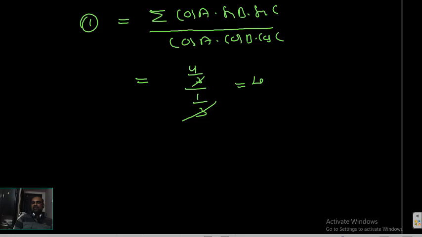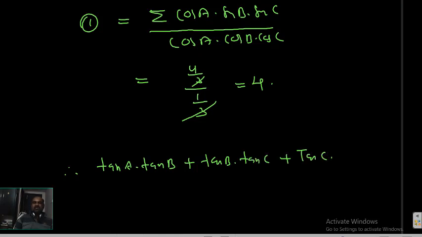What will we get? 4. Therefore tan A into tan B plus tan B into tan C plus tan C into tan A in a triangle with the condition that cos A cos B cos C is 1 by 3 is equal to 4.